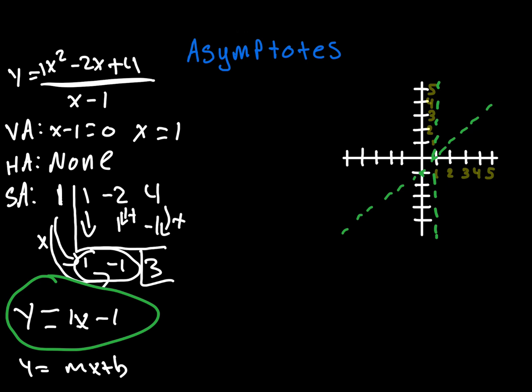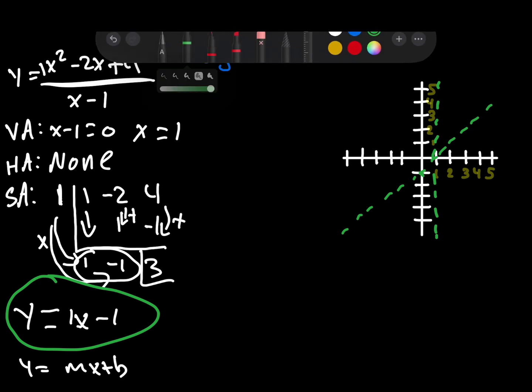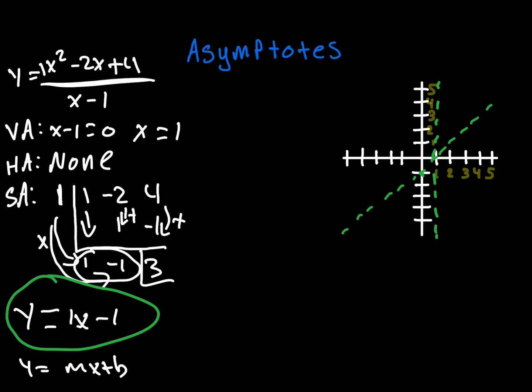Now for x-intercepts, we have to focus on the numerator and plug 0 into y. So 0 equals x squared minus 2x plus 4.